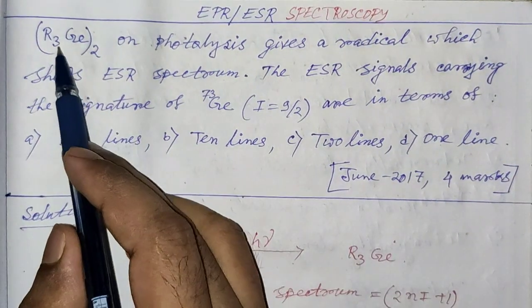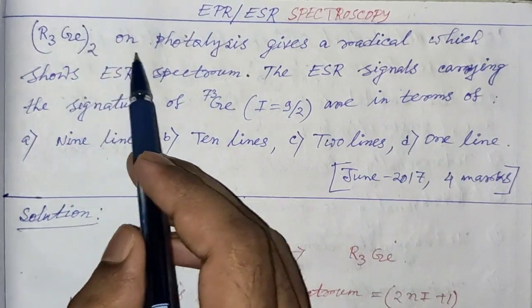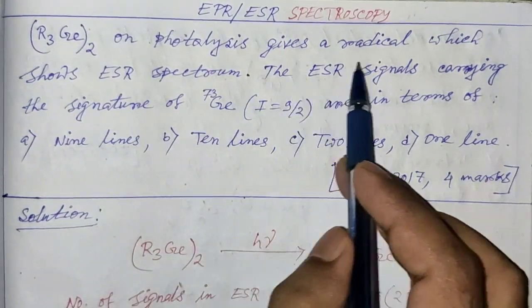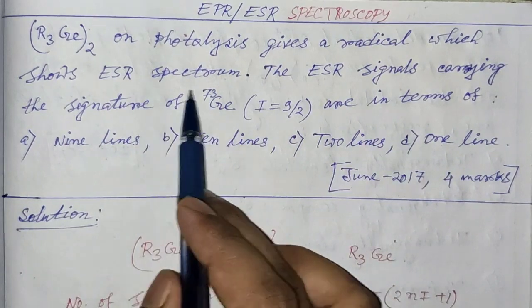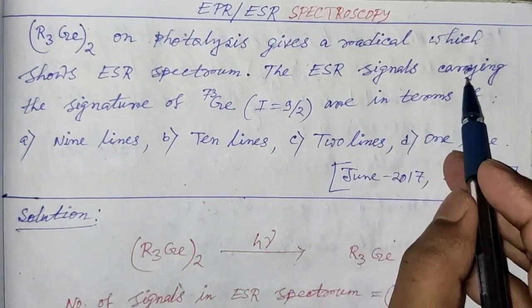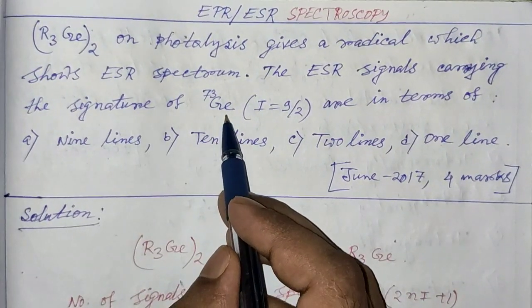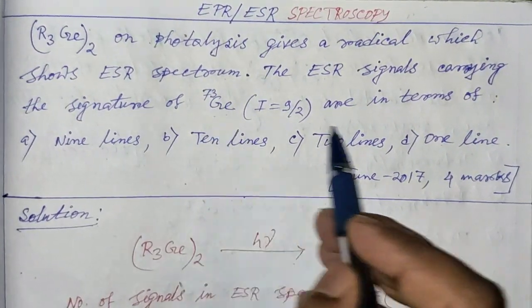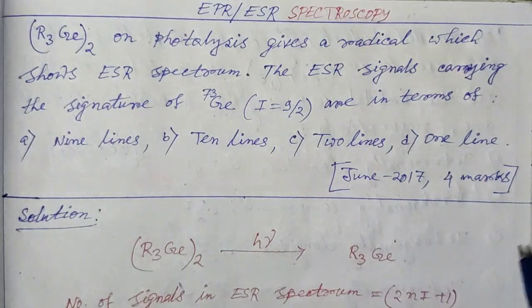It was given that R3 germanium whole 2 on photolysis gives a radical which shows EPR spectrum. Now the ESR signals carrying the signature of germanium 73 are in terms of.